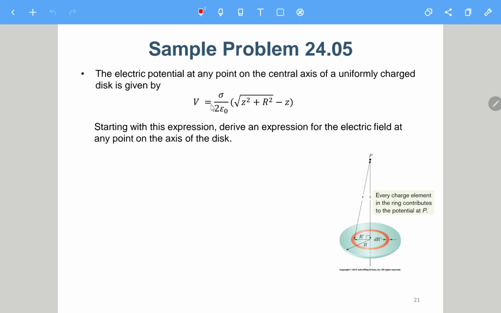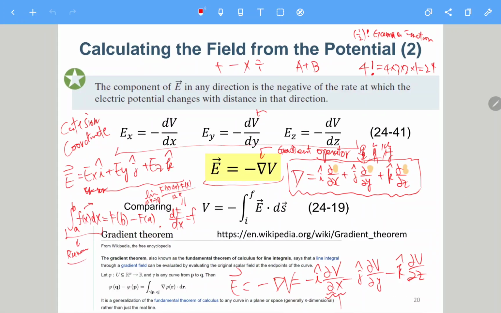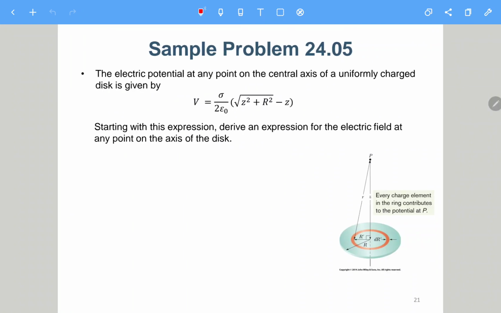The expression is like this. Here we try to take the derivative and then take the minus sign, and then we can verify that it should be the E field we got in chapter 22. It says the electric potential at any point of a uniform charge disk is given by this one. We just derived it in the previous slide.